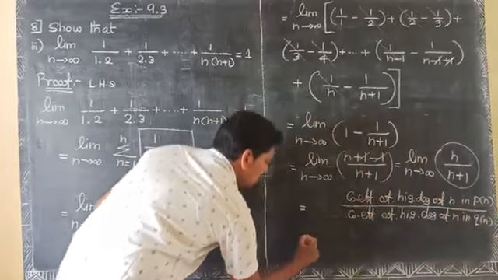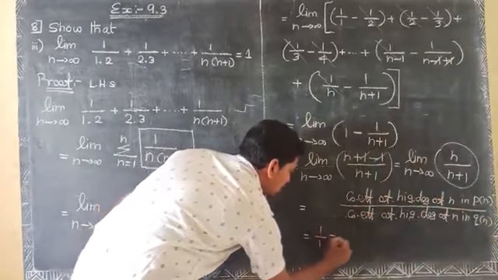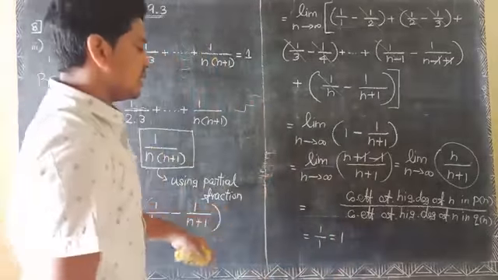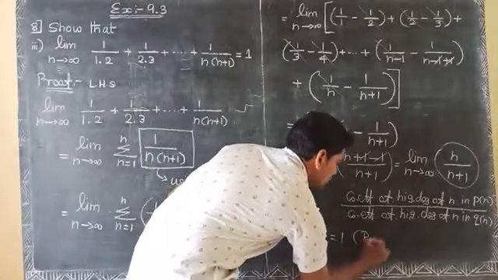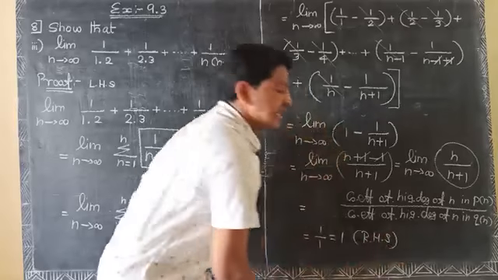This is equal to 1 divided by 1, which is equal to 1. LHS equals RHS. Hence proved.